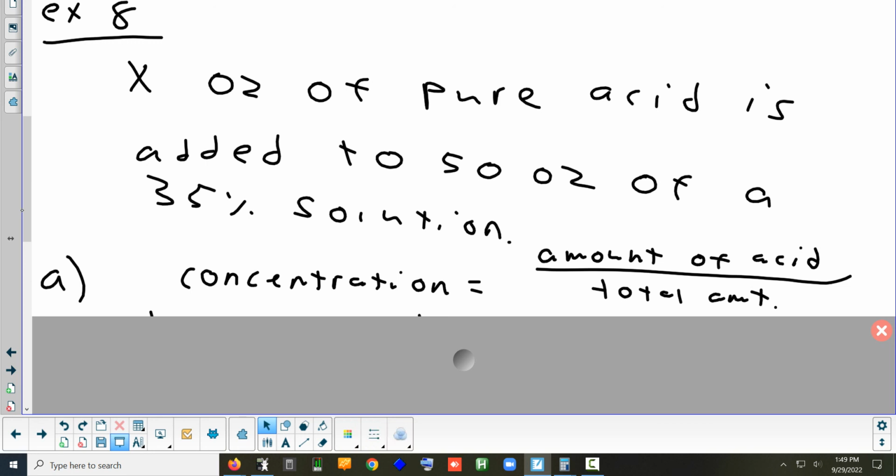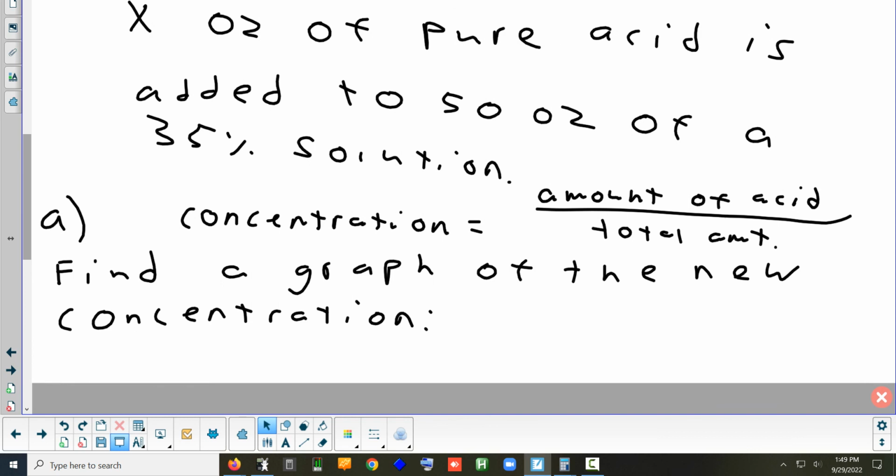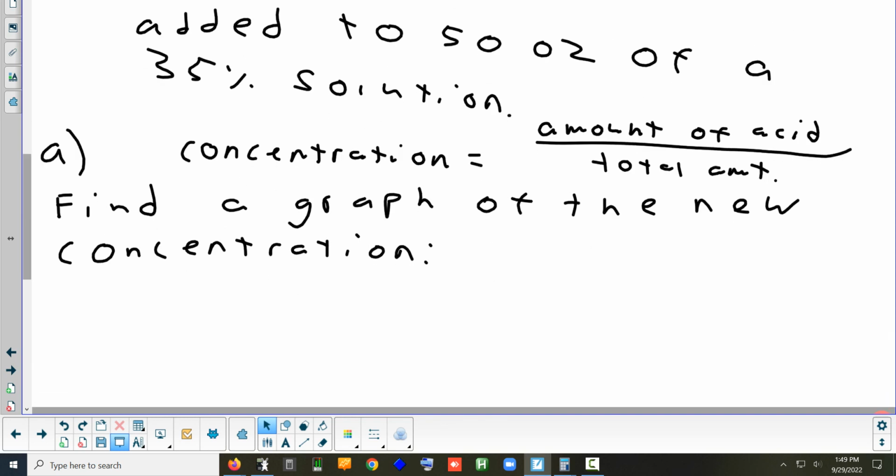Just like if I asked, what's the concentration of questions you got right on the test? I would take how many you got right and divide by how many there were, and that's your grade. It's the percent that you got correct.